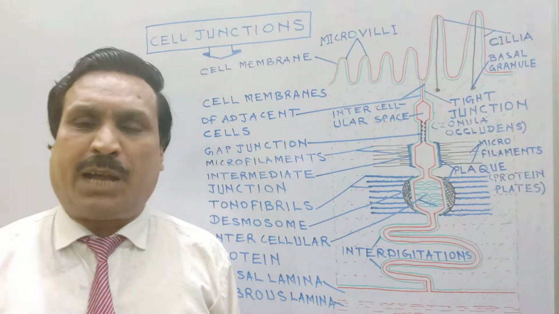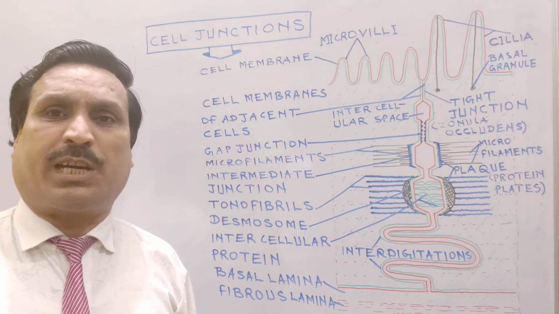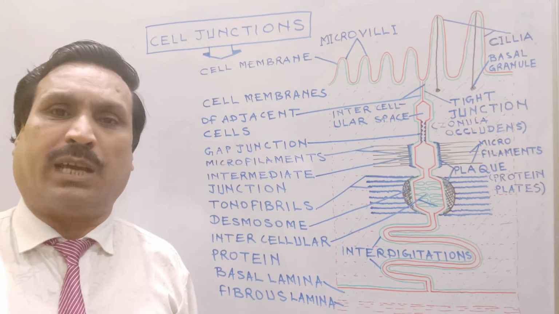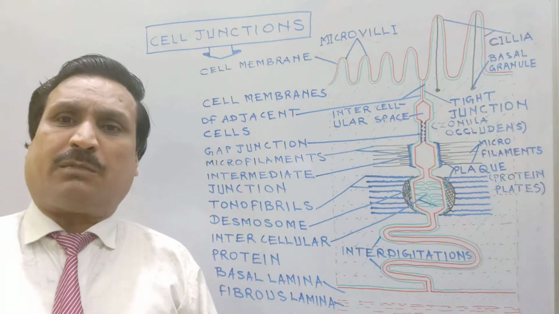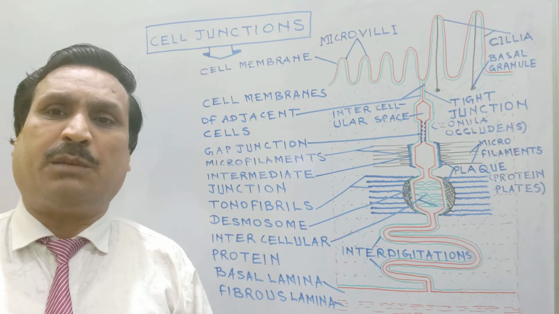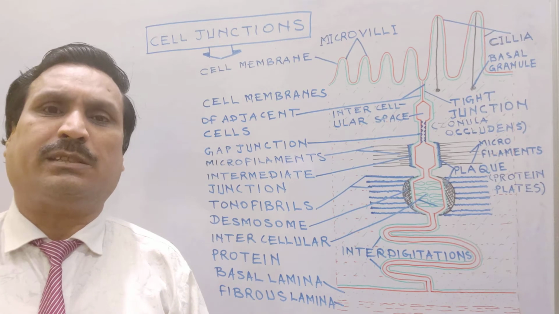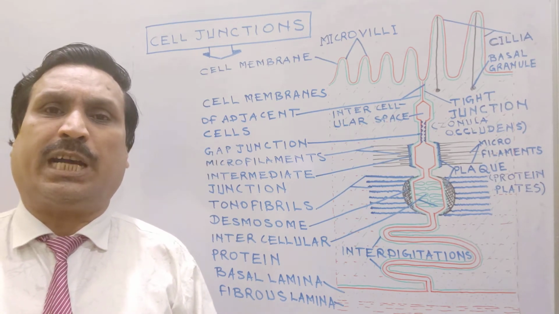Today I am going to discuss these junctions which are present in between our cells. Different types of junctions are discussed here under epithelial tissue, but these junctions are present in different types of tissues in our body.